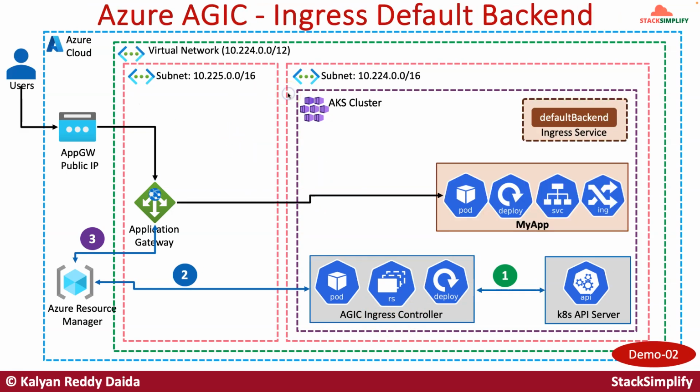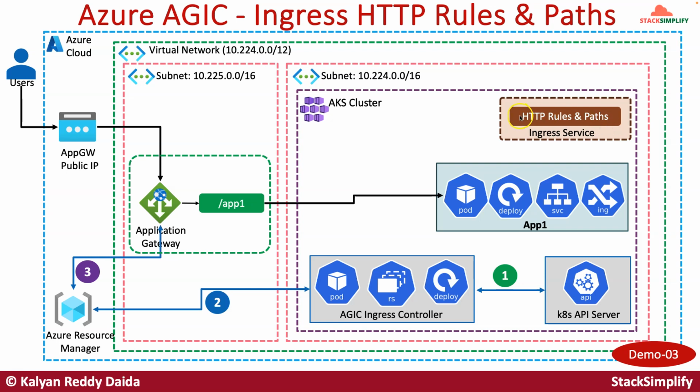Once that is completed, we'll move on and implement Ingress default backend in demo 02. With Ingress default backend, we are going to discuss in detail what happens in a visual manner and implement it. After that, we'll also implement Ingress HTTP rules and paths.